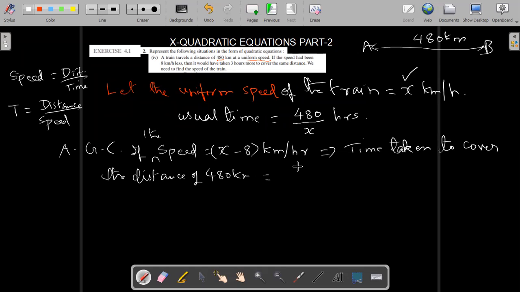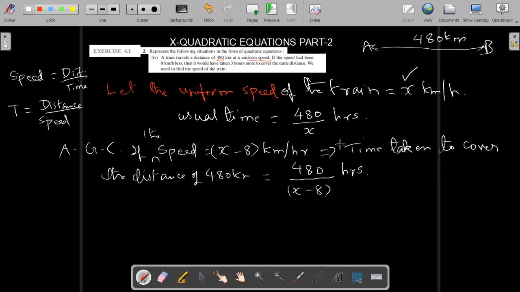Time is equal to distance upon speed. The distance is the same, 480, but now the train will move with x minus 8 kilometers per hour. So this will be the time taken by the train if it goes with 8 kilometers less speed.